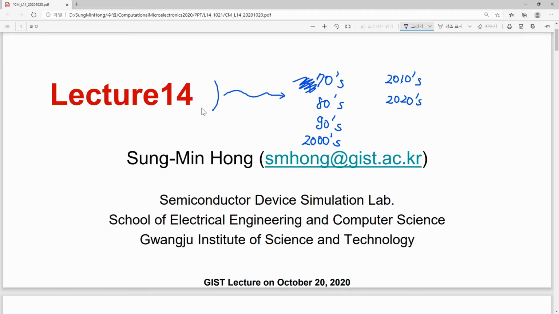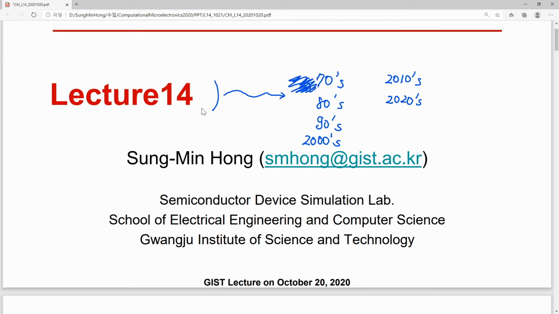So there was certain interest in this field. And please imagine what happened to the early researchers. The pioneers in this field felt that the Boltzmann transport equation was too heavy to be solved by any means. So they had to invent a way to get an approximate solution of the Boltzmann transport equation.